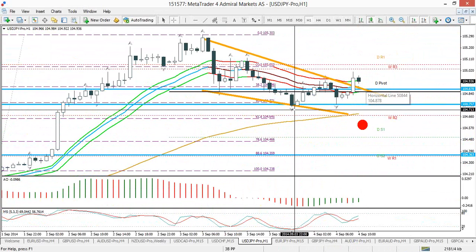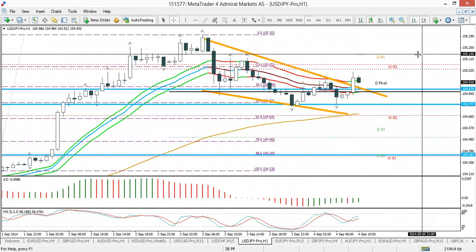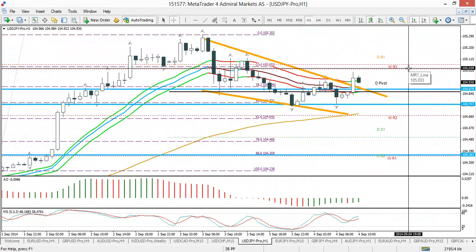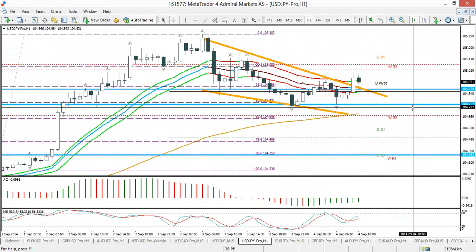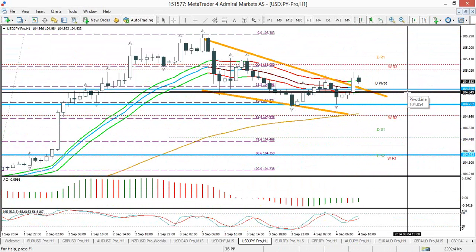I don't think it's even necessary, but with a target of 105.45, for about 50 pips versus about 20-ish, 25 risk, so about a 2-to-1 trade. I would say it's about a 50-50 at minimum.